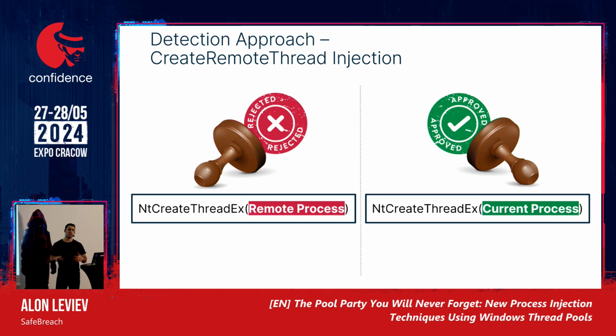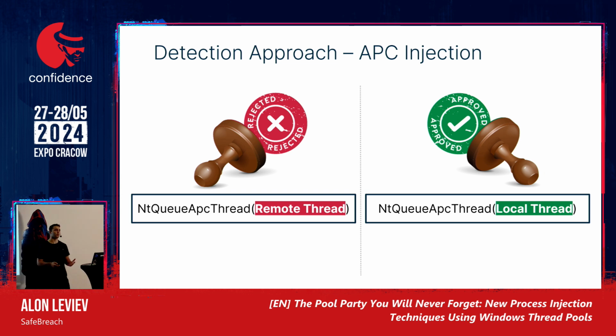And as I mentioned in the motivation for this research, I wanted to understand how EDRs distinguish legitimate and malicious use of a feature. So taking thread creation as an example, EDRs would not usually allow a thread to be created for processes other than the current process. Another example for a similar approach by EDRs would be detecting the asynchronous procedure call injection.